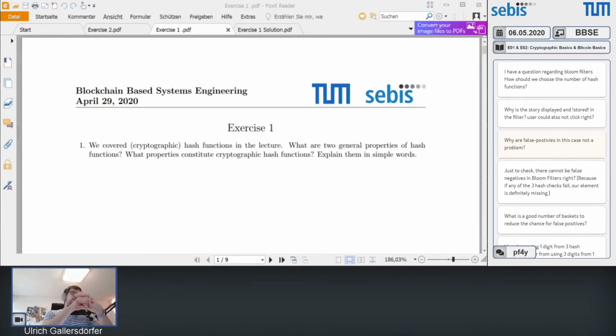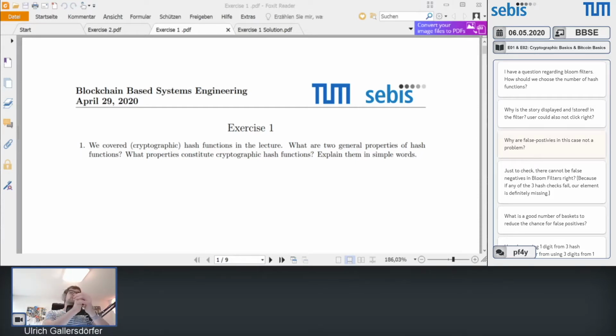Pre-image resistance basically says that it's impossible to find the original x if only the hash of x is given. So you're not able to calculate x out of the hash of it. The second pre-image resistance is a little bit similar.